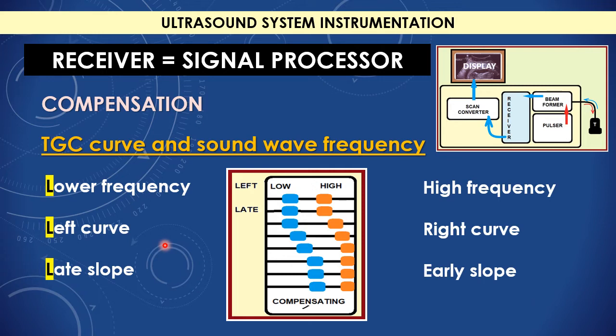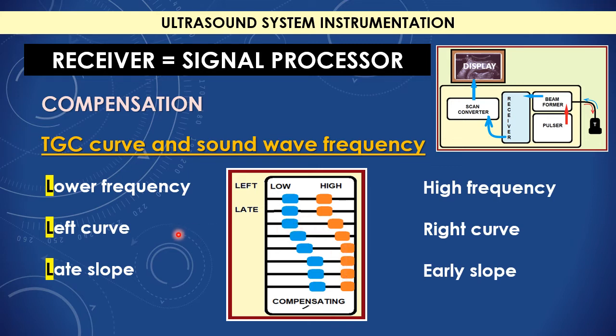So if I'm having more attenuation, I need to move the TGCs more to the right. So with the high frequencies, I move the TGCs more to the right. Why? Because high frequencies are more easily attenuated. So I'm having more attenuation with the high frequency. That's why I will notice the curve is assigned more to the right side.